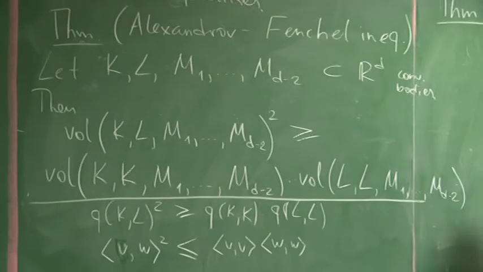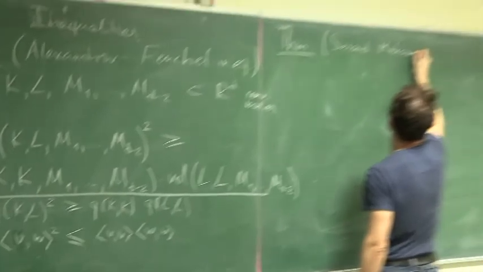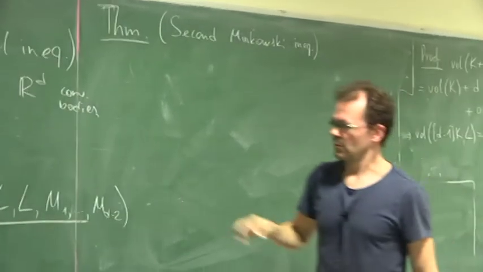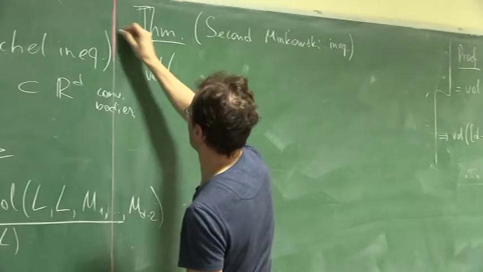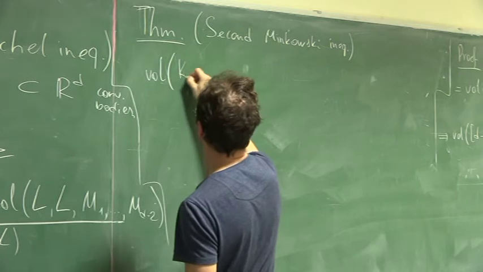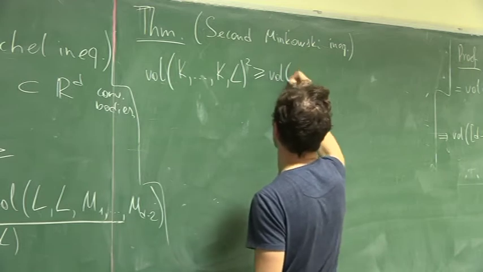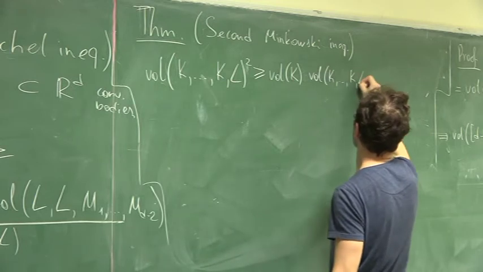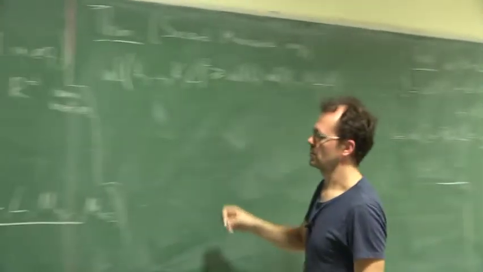Then there is the second Minkowski inequality. This is, in fact, a special case of Alexandrov-Fenchel, namely the volume of K, L squared is bigger or equal than the volume of K times the mixed volume of K, L, L. Well, if one compares with that, then one can see that this is a special case.